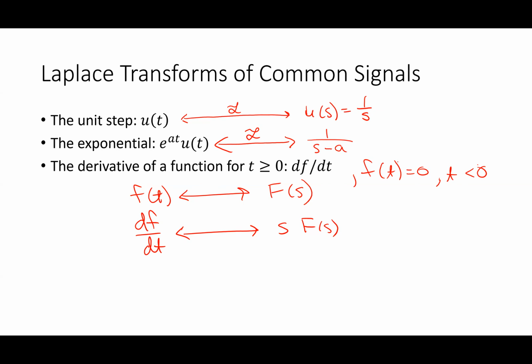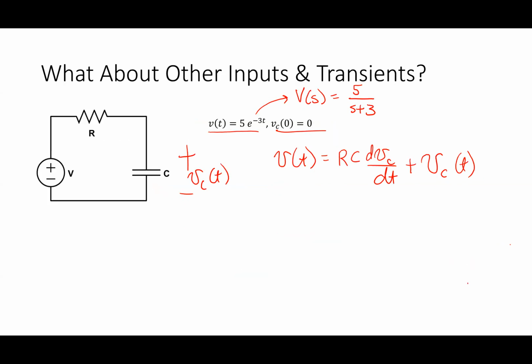Basically what this says is anything with a d by dt gets replaced with an s. So if I had a d squared by dt squared, that would ultimately get replaced by s squared. So we talked through those examples the other day, and we showed how we could use this result.